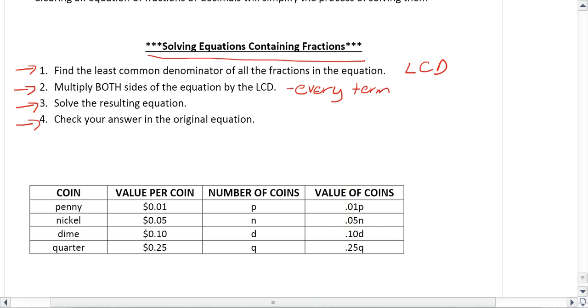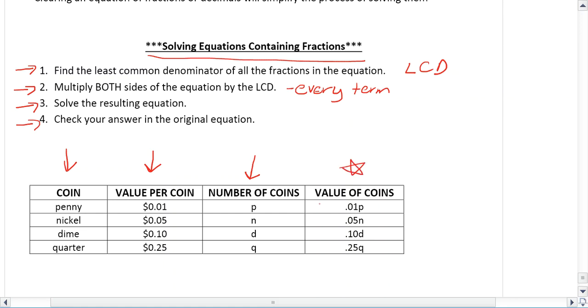This next table is a bit Captain Obvious, but you're responsible for knowing this. This is kind of like common knowledge. You're familiar with the coins listed here, and you need to know that their value in dollars is 0.01 and so on. When we do coin problems, a lot of times we'll use the first letter of the name of the coin. Like I'll use N if the problem is talking about nickels, Q for quarters, and so on. But if you don't write down anything else from this table, I think this is the most important column here.